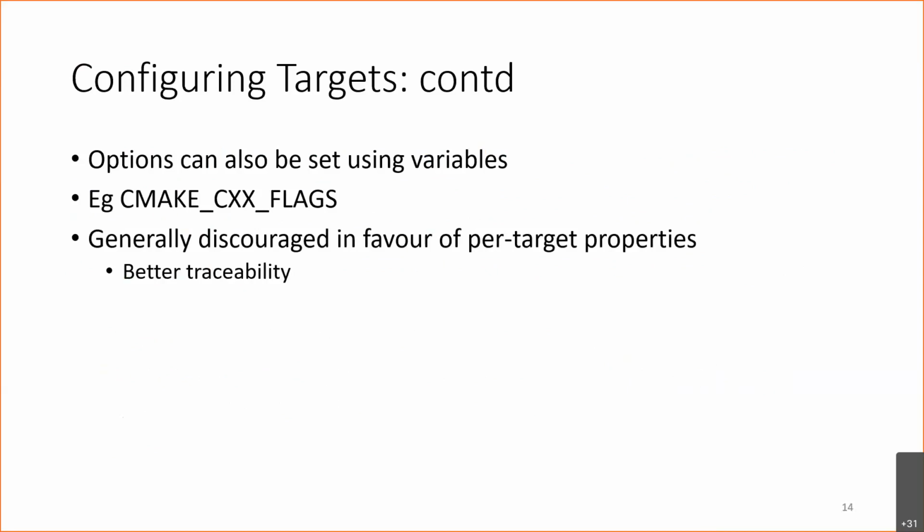This is largely a holdover from before the target-specific commands existed, and using them is generally discouraged in favor of using the per-target commands that I just showed, partly because there's less chance of accidental bleed over if you have multiple unrelated subprojects. You don't risk one accidentally modifying the options of the other.